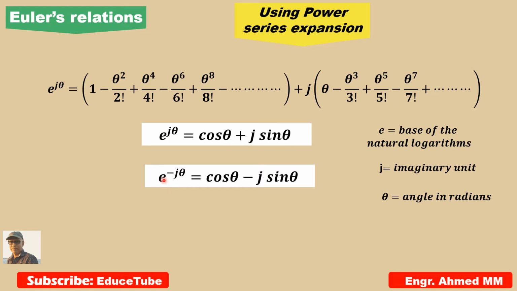And if we put a minus here, its relation will have a minus here. So using power series expansion, we got these two Euler's relations, and we will use them in our next slide.